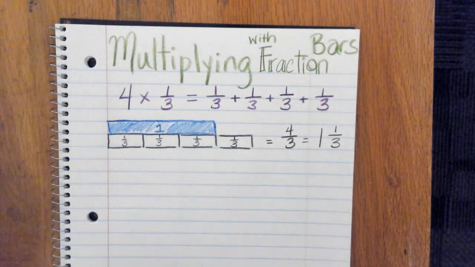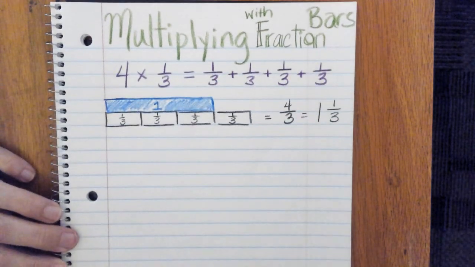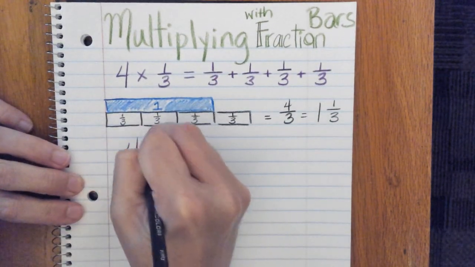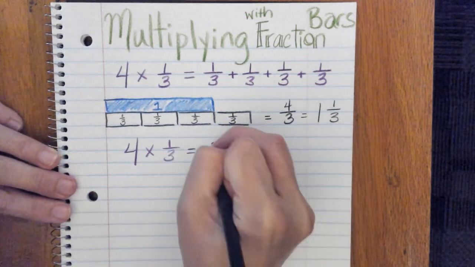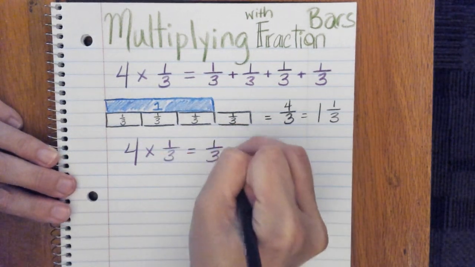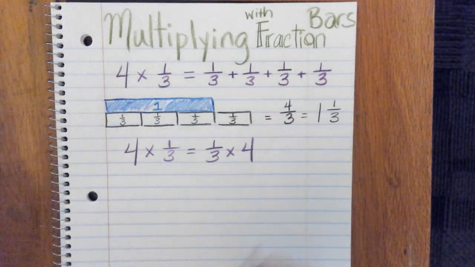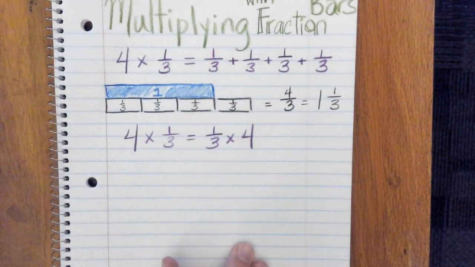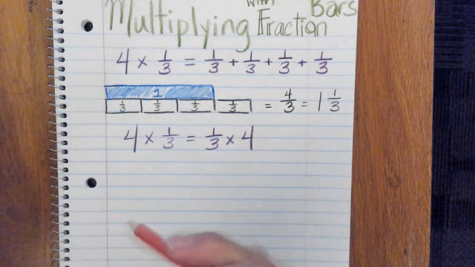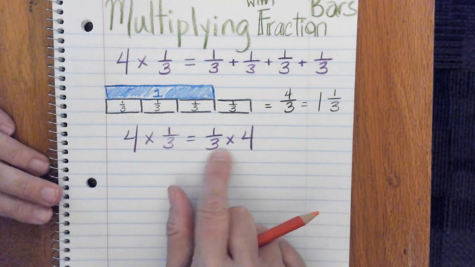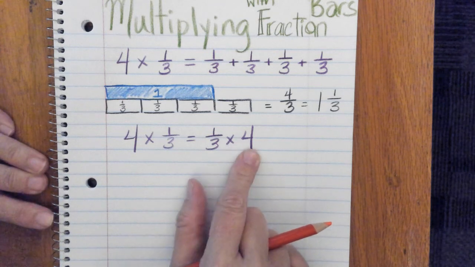Now the other way I can look at this: 4 times 1/3, order doesn't matter in multiplication, so I can also look at it as 1/3 times 4. When I am talking about fractions, I don't usually say 1/3 times 4.